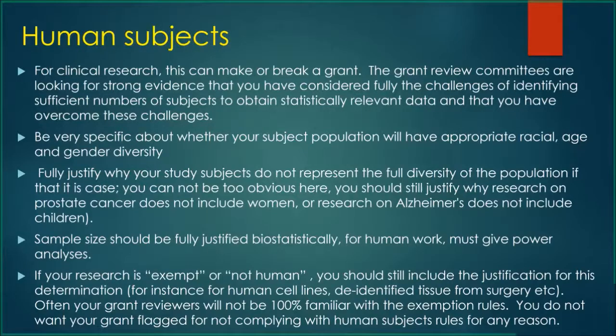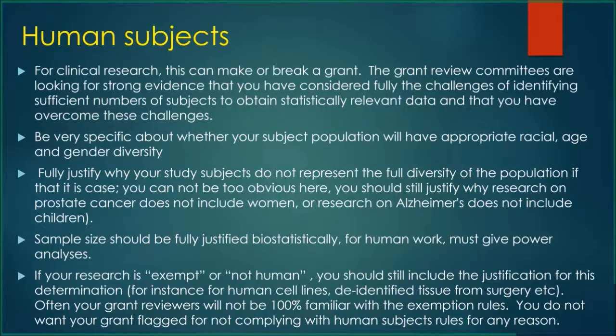NIH is very, very serious about research across the lifespan. For instance, if you're only working on a pediatric population, you need to justify very, very well why you're not doing the study, including more adult patients. And I would really encourage you not to be too obvious here.